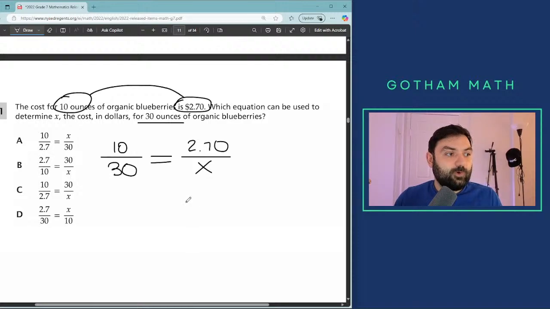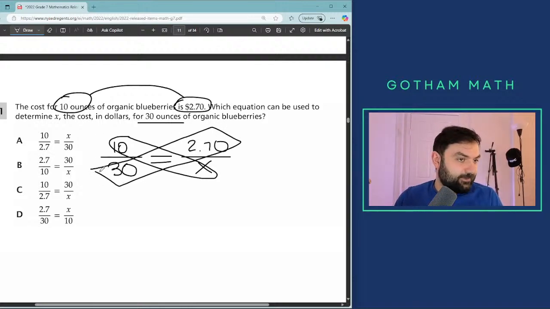Now, we don't see one like that. We don't have 10 over 30 equals 2.70 over x. So what will be the answer then? Don't panic in this situation. All we have to find is the proportion that has x diagonally across from 30, the same way 30 is diagonally across from the $2.70.